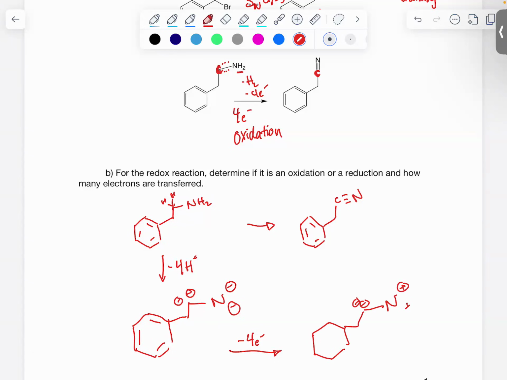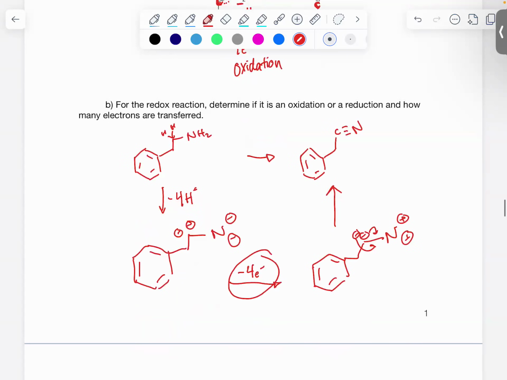So I took them all for nitrogen, but you can really take whatever smattering of them you would like. And then we can use these electrons to make those double bonds, and that is how we get to our product. And so we had to lose 4 electrons. So we have a 4-electron oxidation.